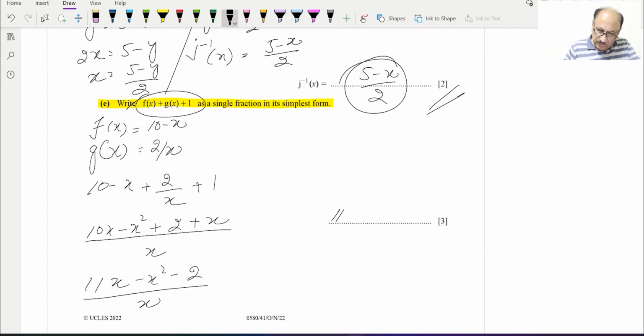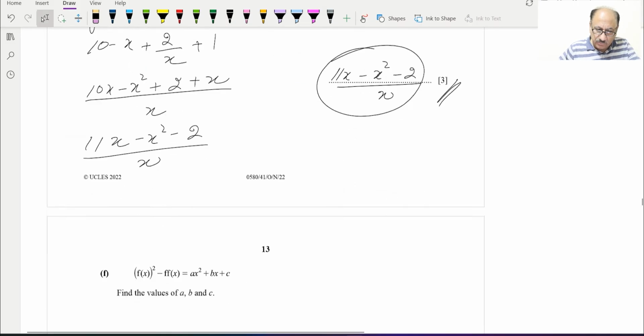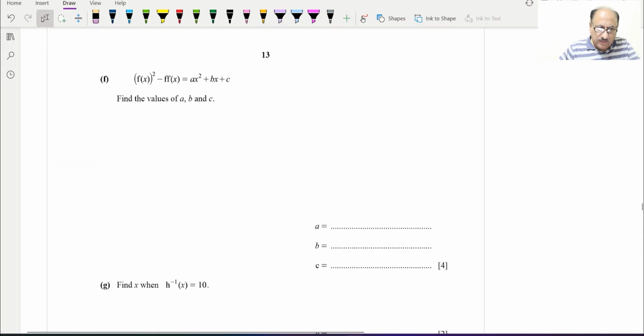And we can write here (11x minus x square minus 2) over x. This will be our final answer for 3 marks. Hopefully you understood this.